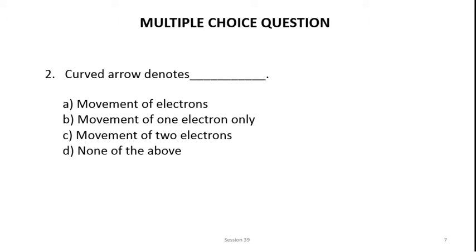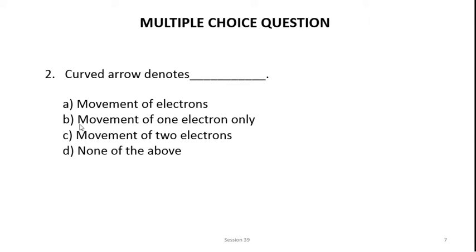The second question, curved arrow denotes dash. Let us look at the options. Movement of electrons, movement of one electron only, movement of 2 electrons, and none of the above. So if you just picturize a curved arrow, it may be double-headed or single-headed.